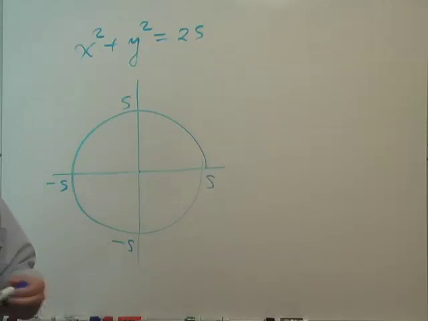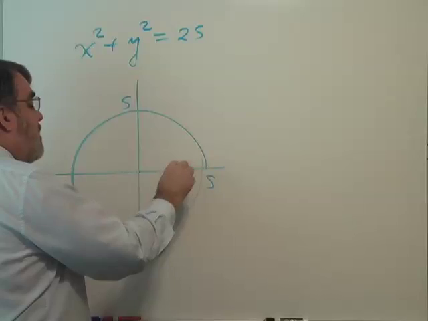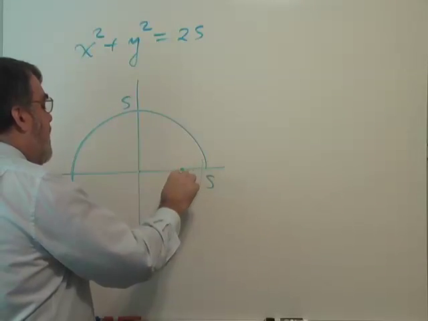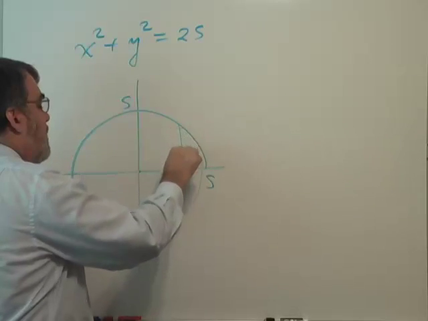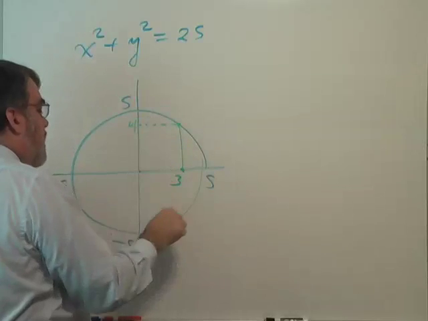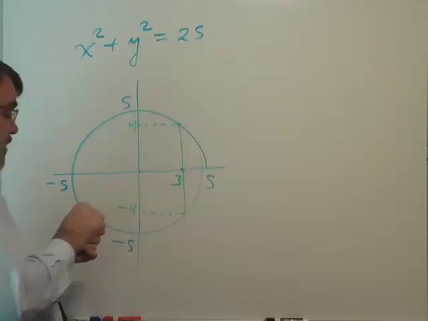So why is this not a function? It's because it's possible to get two outputs from one input. So for example, if I plug in 3, then I can get this output, which ends up being 4, or I could get this output, which could be minus 4.